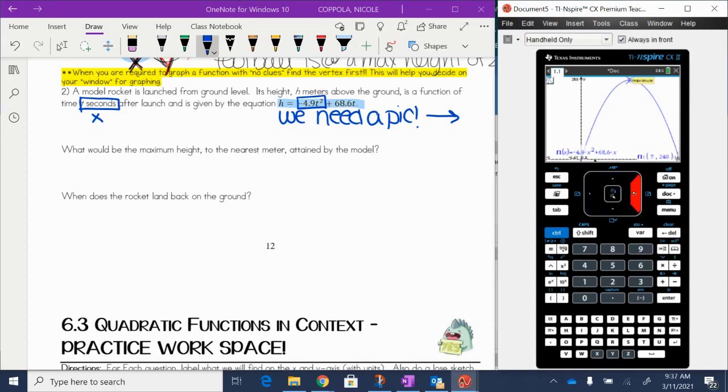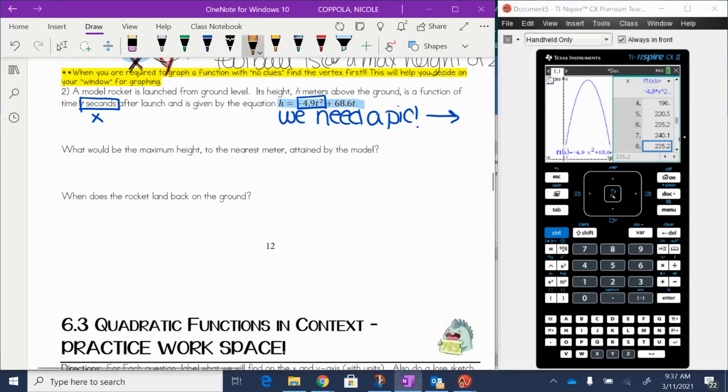So the maximum is in fact at 7, 240. We can see it better in the table, where it's actually 240.1. So what would be the maximum height, to the nearest meter, attained by the model? We just found that to be 240 meters.